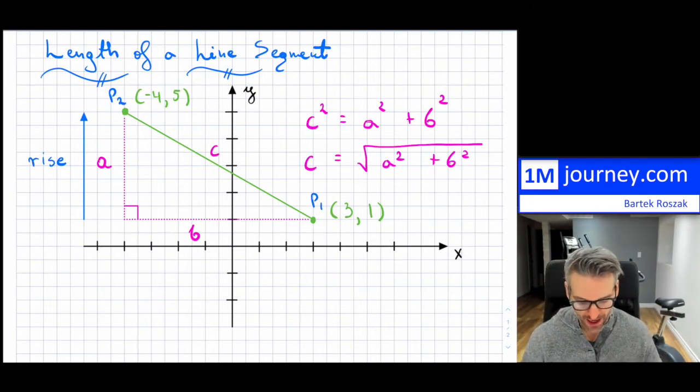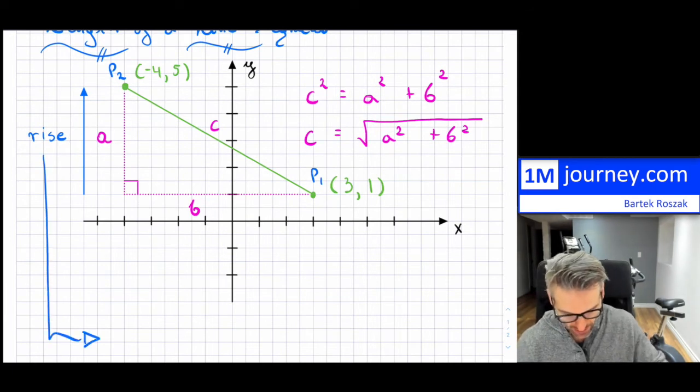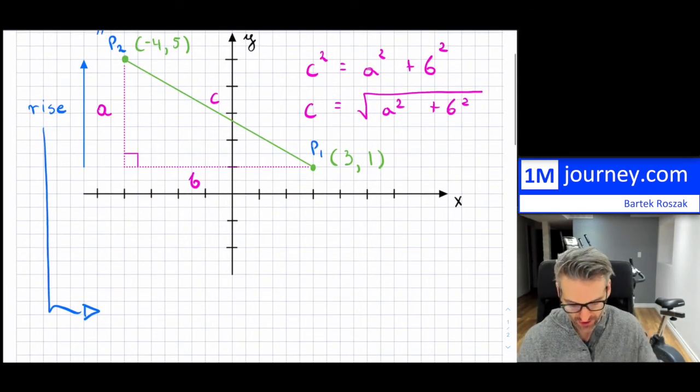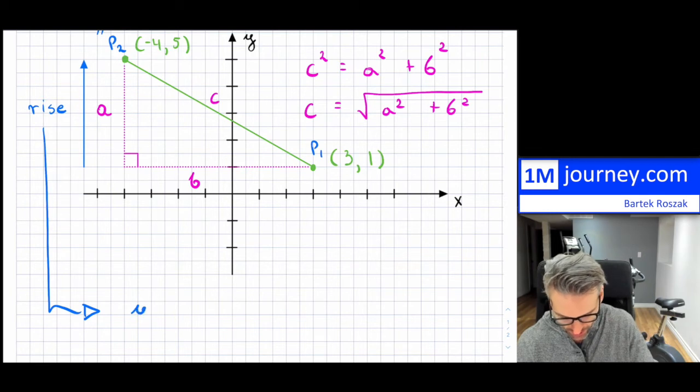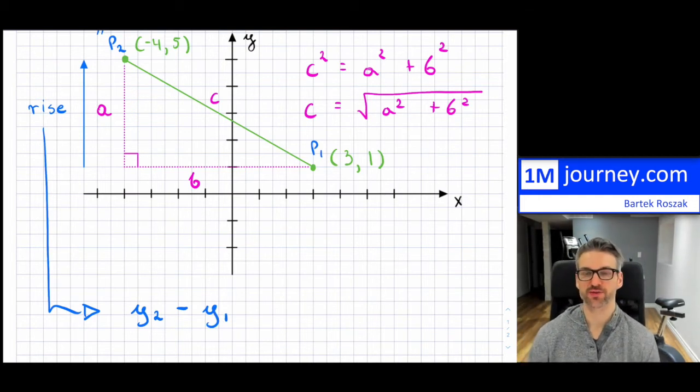So in general, you would simply take your y2 point minus your y1 point, and you know exactly how long that rise is. So that's what we would have there.